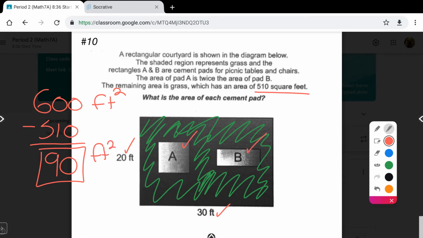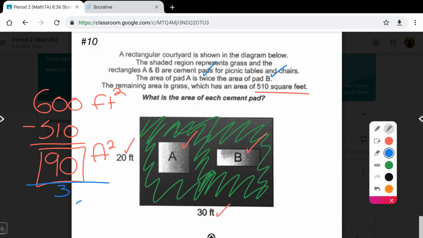Okay, so now I have to understand the proportion that's being described, because it says A is twice the area of B. Since area A has two pieces and area B only has one, because one is two times the other, I'm going to take my area and divide it by 3.